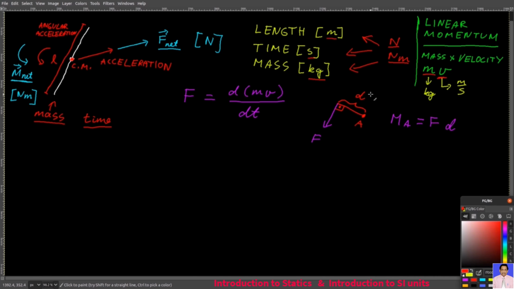And of course, this d has the unit of meters, and that's why moment has the unit of Newton meters. So Newton comes from here, and then meter, it comes from here.